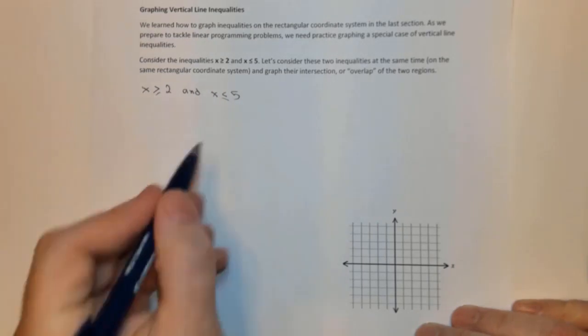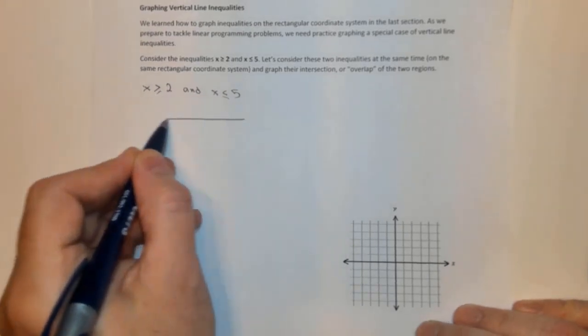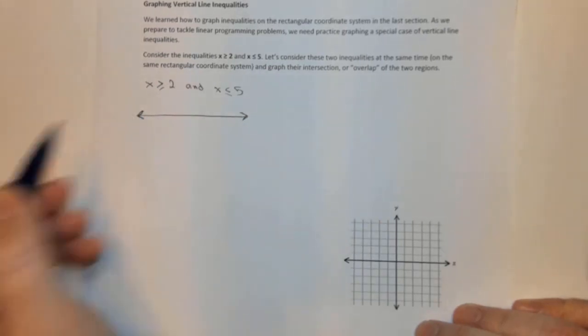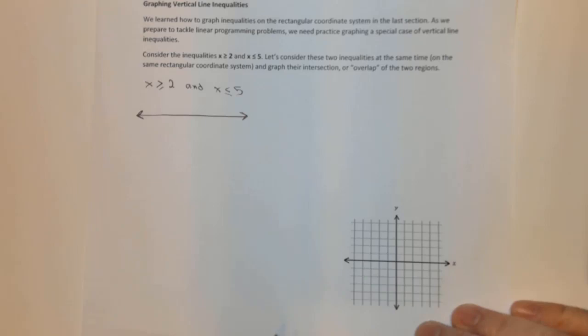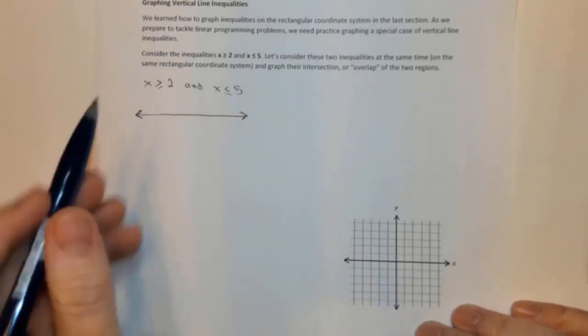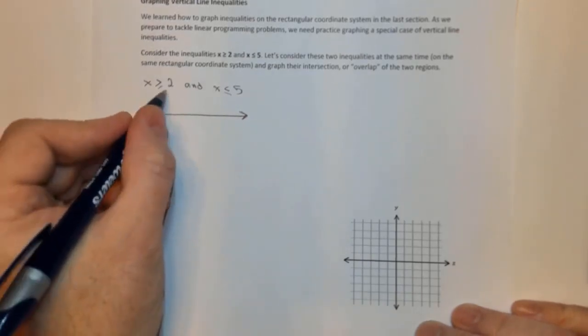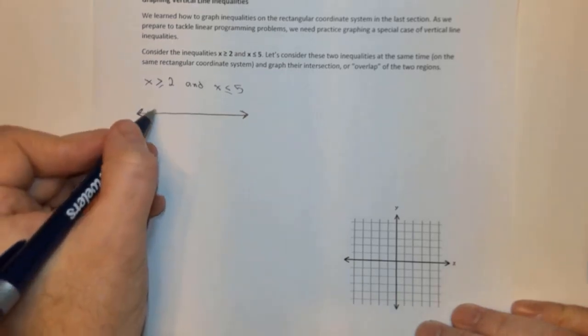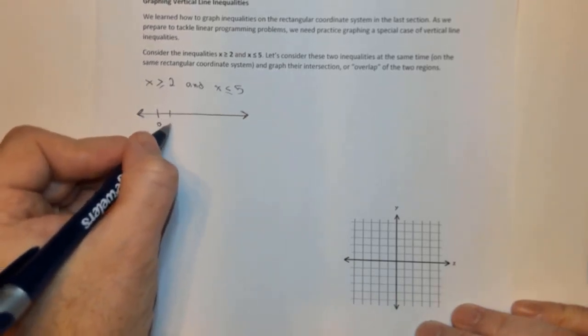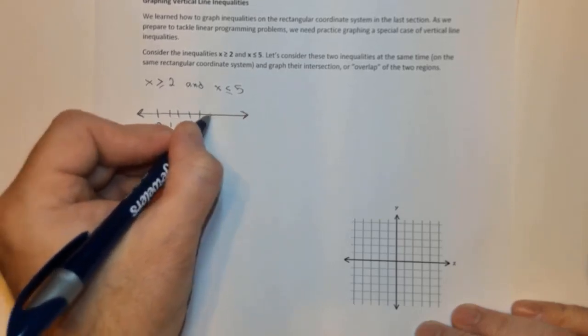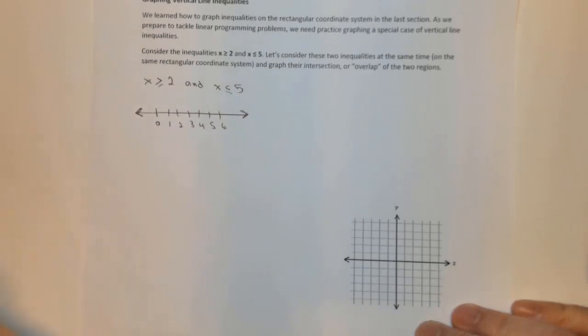Like I said, I'm going to graph these at the same time. So I have my line. I'll worry about transferring it here in just a sec. Let's worry about the line aspect. So let's put some numbers down. I need for sure 2 and 5, but I could go ahead and put 1, 2, 3, 4, 5, maybe another number.